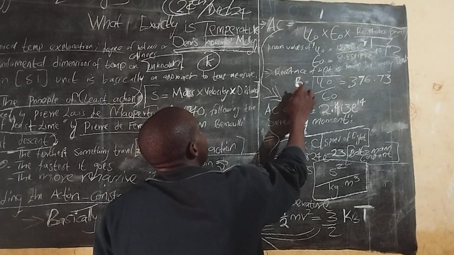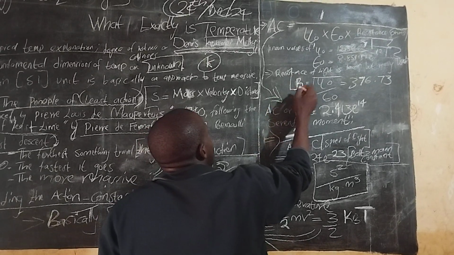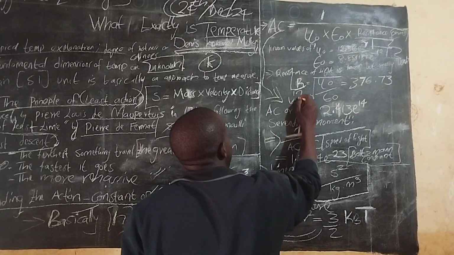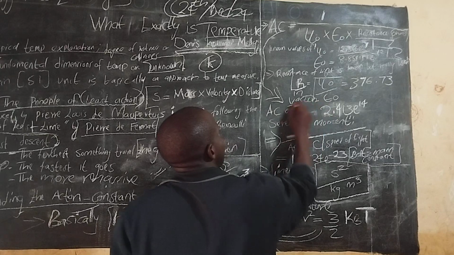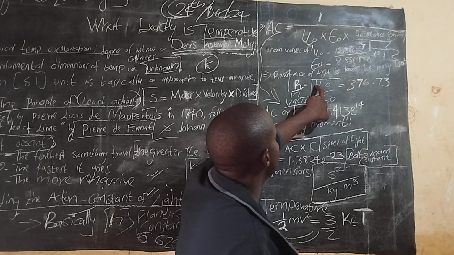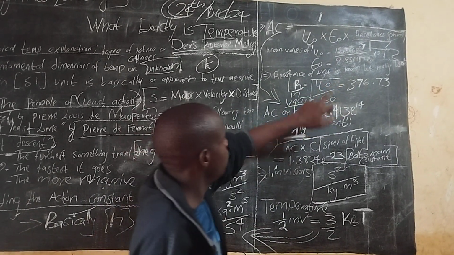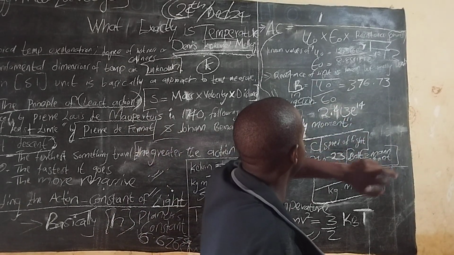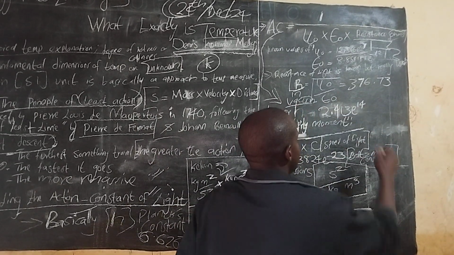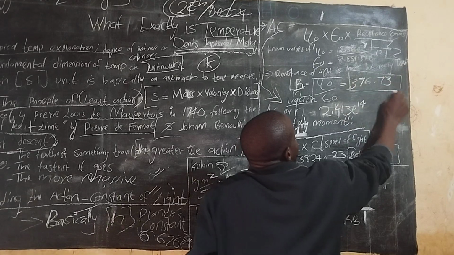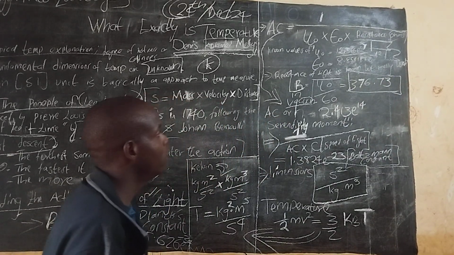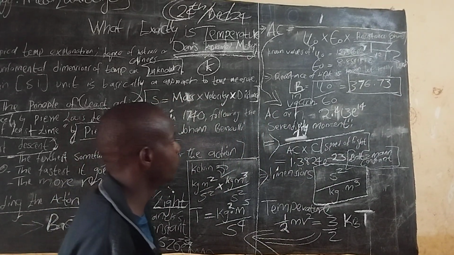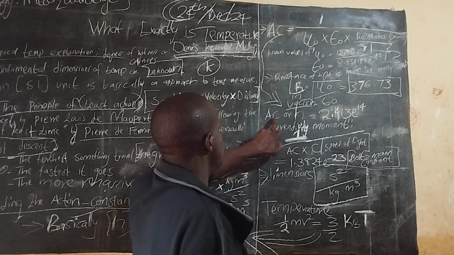The resistance of light in vacuum is equal to the magnetic permeability divided by the electric permittivity in vacuum. This is equal to this value here, 376.73 ohms.